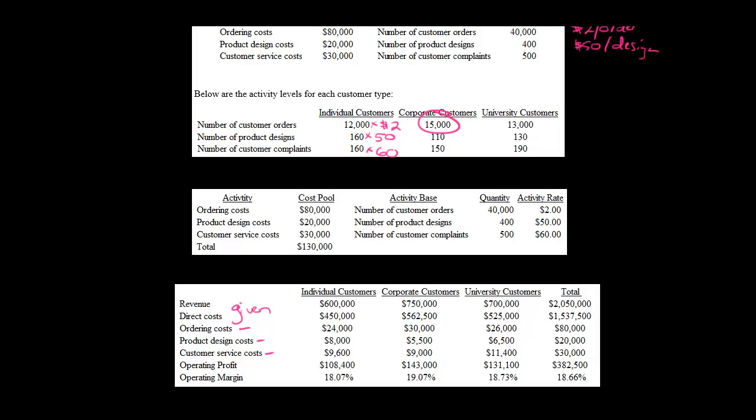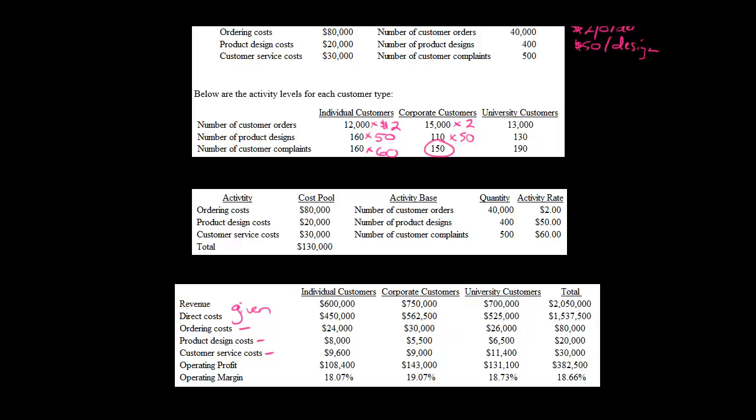So corporate customers, here we had 15,000 orders times $2 an order, so that'd be 30,000, right? So there's 30,000. 110 product designs times $50 of product design. Okay, so that's $5,500 for product design costs allocated to the corporate customers.